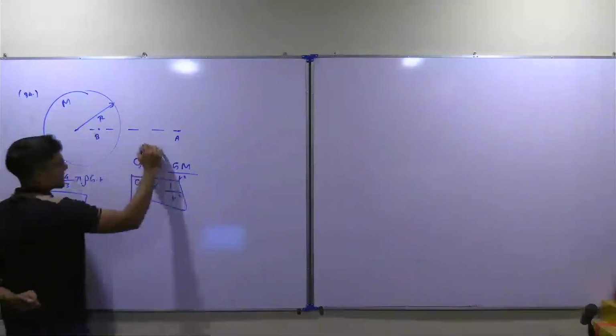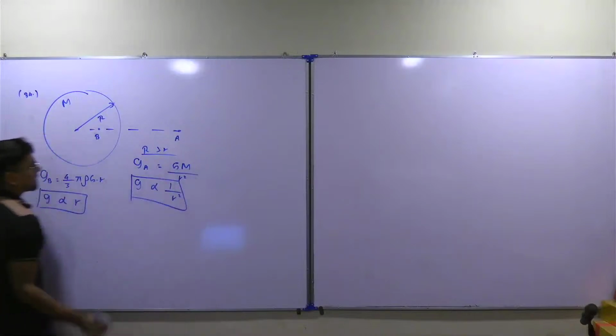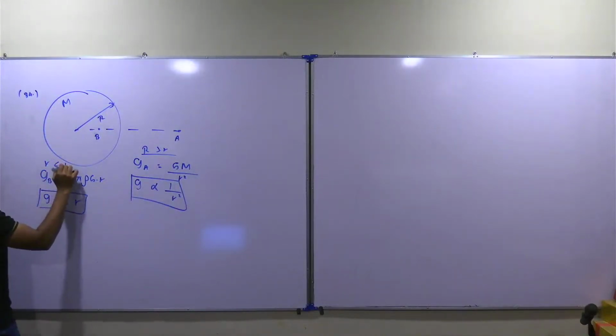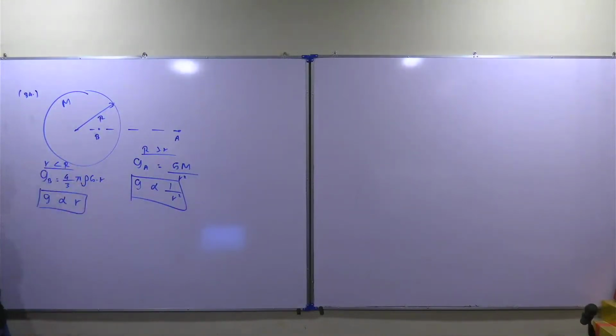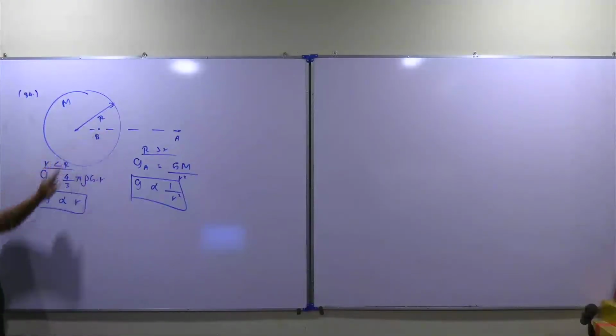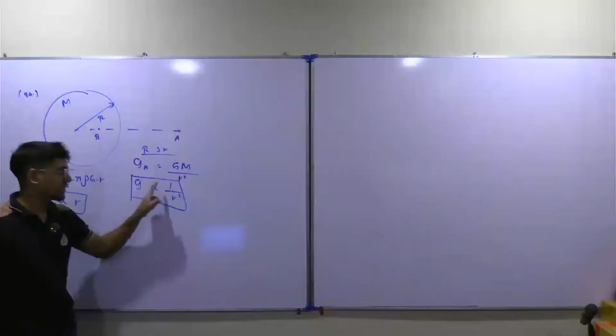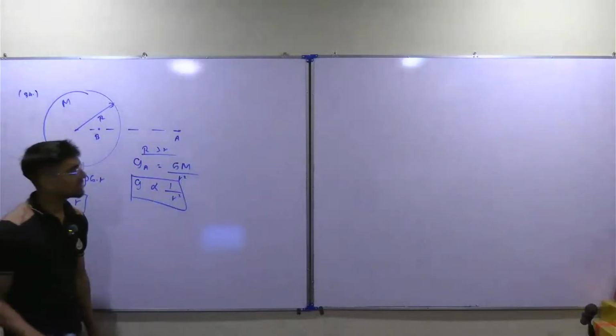This is when r is greater than R, and this is when r is lesser than R. If you consider a point outside the sphere, the gravitational field strength is inversely proportional to r square.